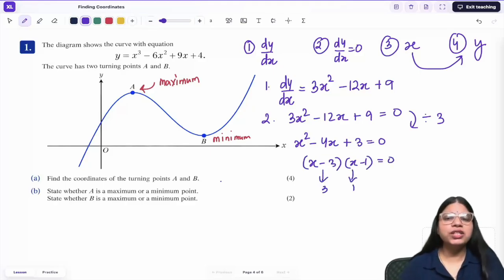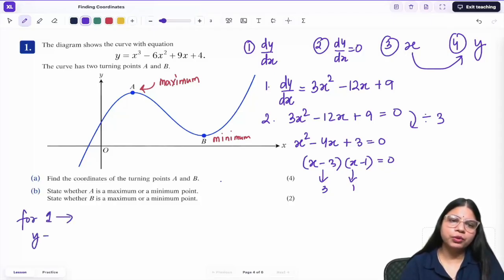What we need to do is plug these back into the cubic equation and find the value of y. So when x is 1, what is the value of y? We'll be doing 1 cubed minus 6 times 1 squared plus 9 times 1 plus 4.